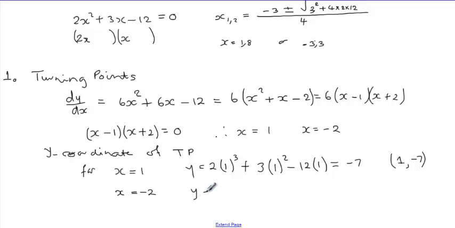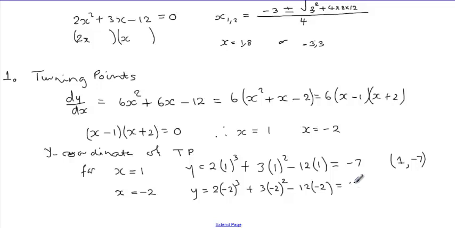Mimicking the formula of the function again: 2(-2)^3 + 3(-2)^2 - 12(-2). Please look at my beautiful use of brackets. Please use your brackets beautifully so that you communicate what you really intend to communicate. What's the value there? 20.